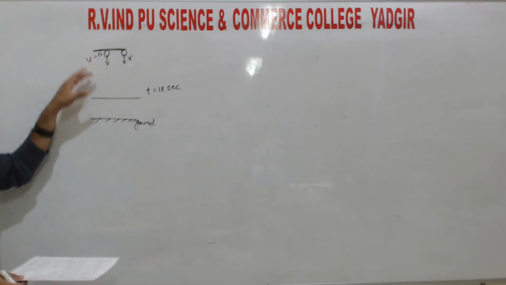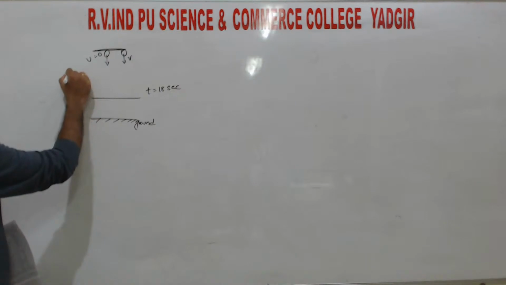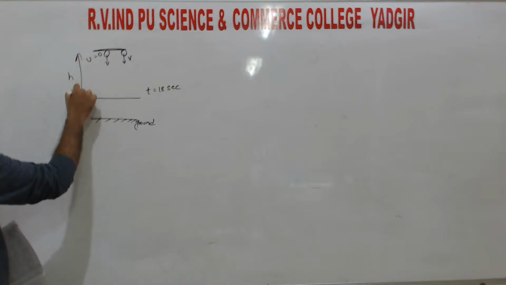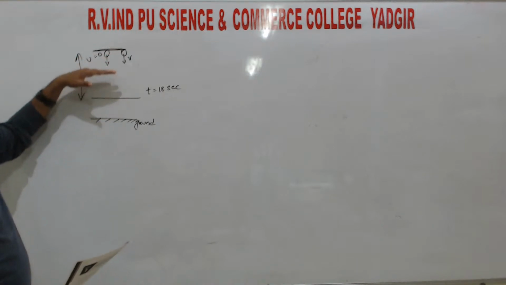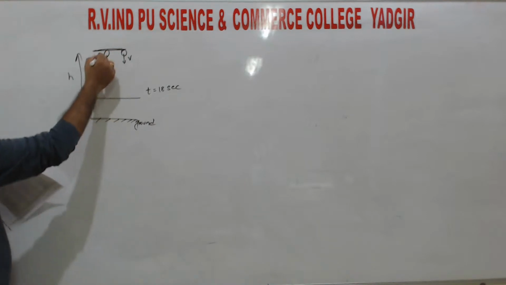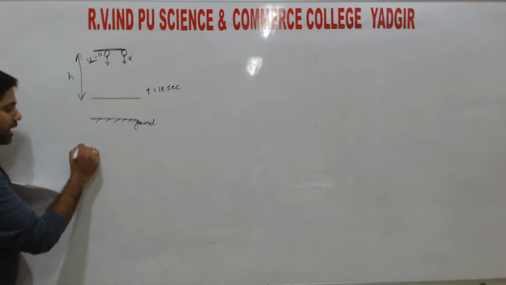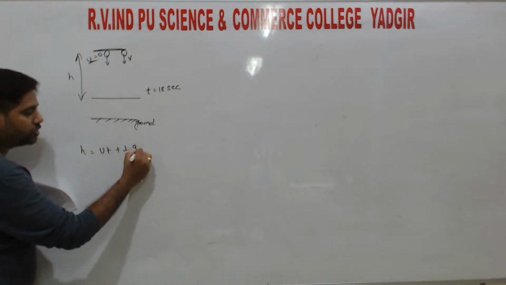We don't know at what height these two balls are meeting, right? So we take that height as h. After it covers a certain distance, at that point these two balls meet. So for the first case, h equals ut plus half gt square.